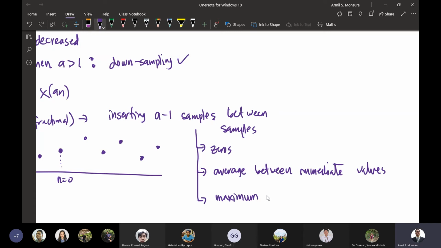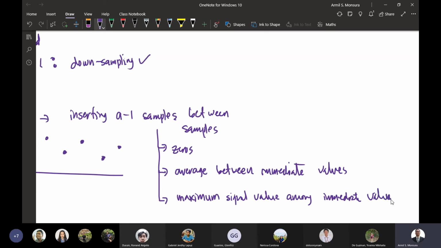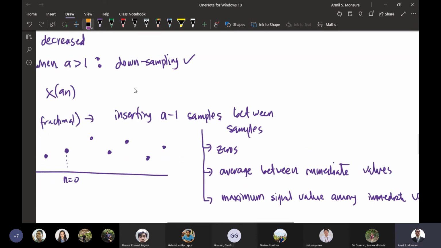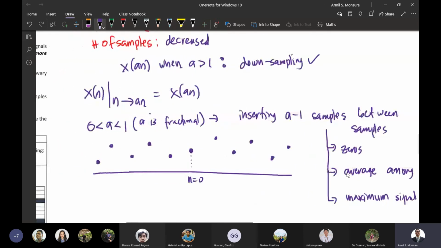Or the maximum signal value among immediate values. Okay, which makes me think hindi dapat to between. Dapat to among. Kasi pag between, ibig sabihin ng dalawa lang yung tinitingnan ninyo. Eh, maaari kasing hindi lang dalawa yung tingnan natin. Okay? So, ano yung pinopoint natin?